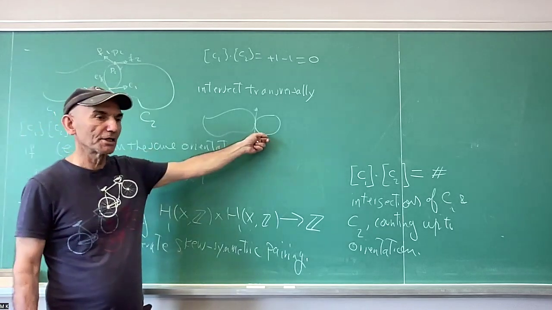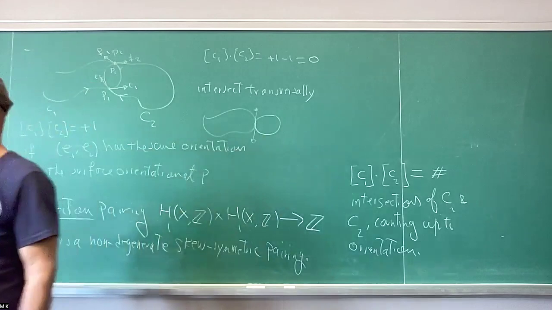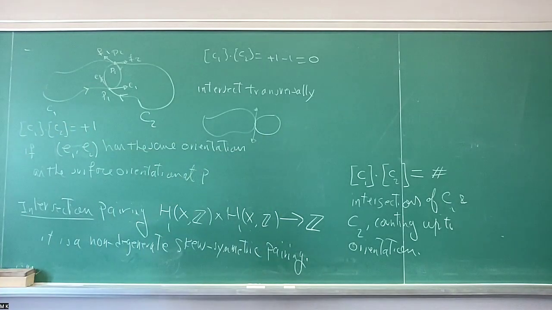Maybe they intersect like this. How can I do this? The theory that was originally developed makes sure that you can always perturb these chains within the same homology class so that the intersection is always transversal, and they intersect in a non-degenerate way. So this can be done.